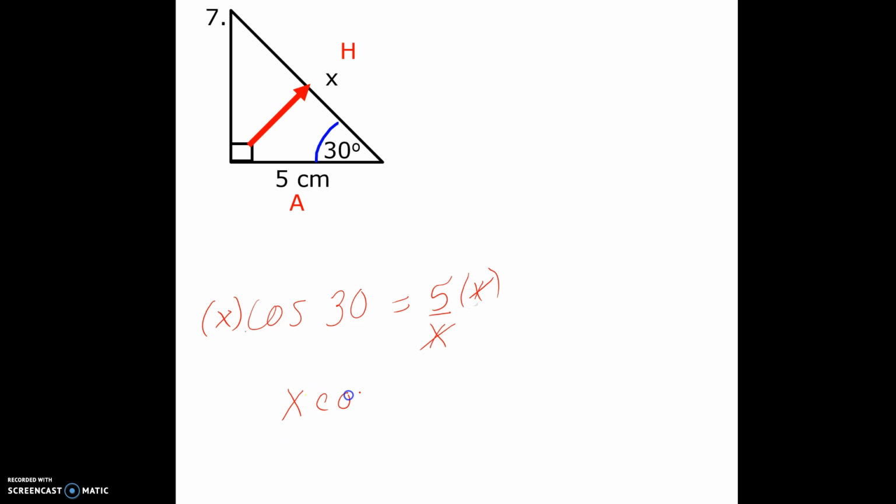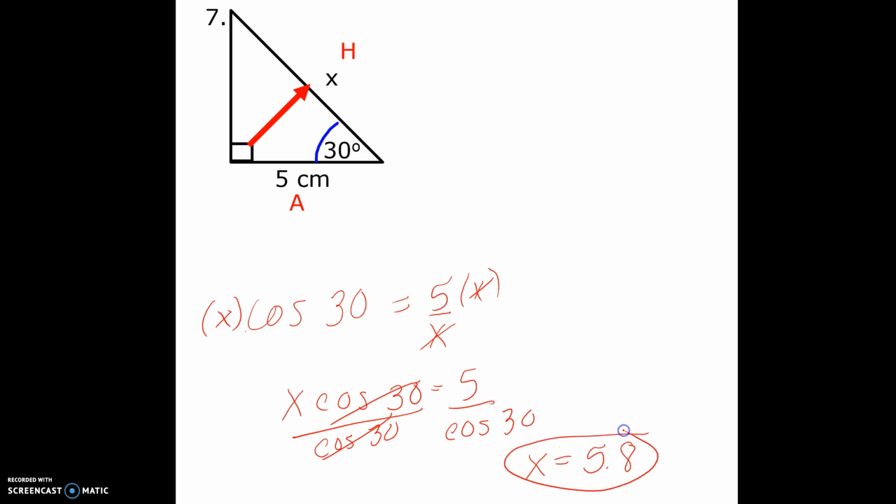So x cosine 30 equals 5, and then divide by cosine 30. Some people remember that as they just switch spots because you're kind of cross multiplying. So we would do 5 divided by cosine 30 equals 5.8. So x equals 5.8. All right, if you have any questions, make sure you come in.